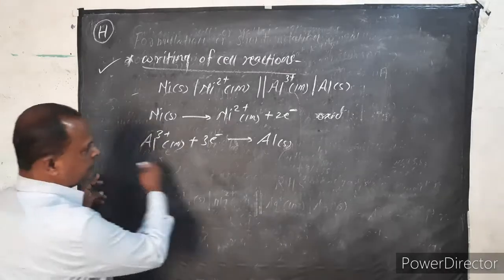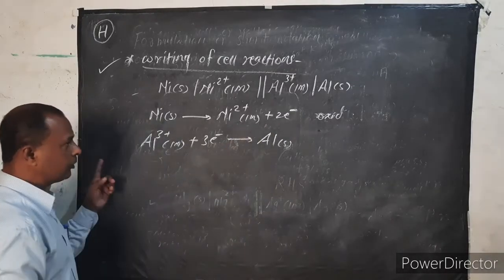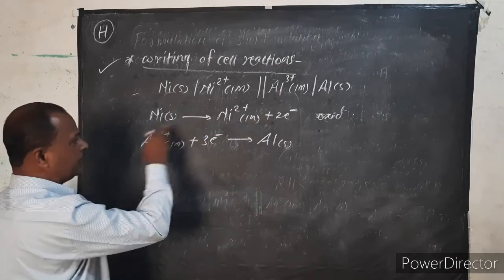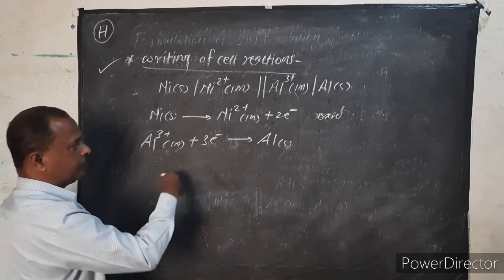Now you have to balance the electrons. So multiply the first equation by 3 and the second equation by 2.